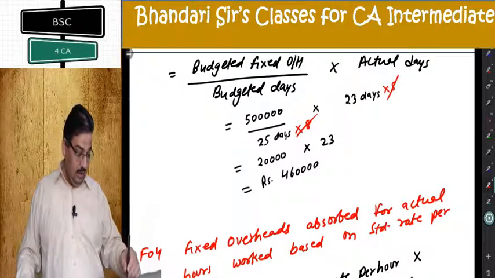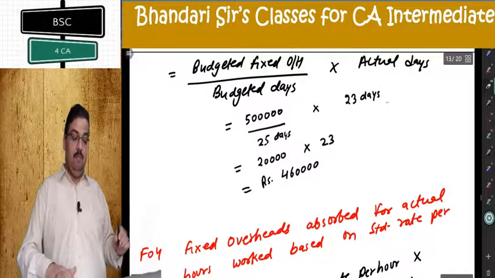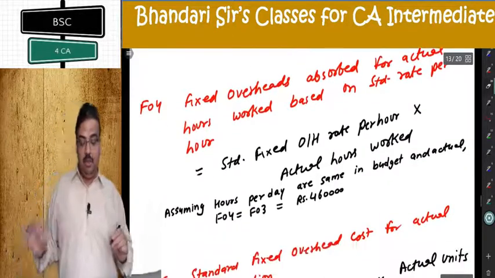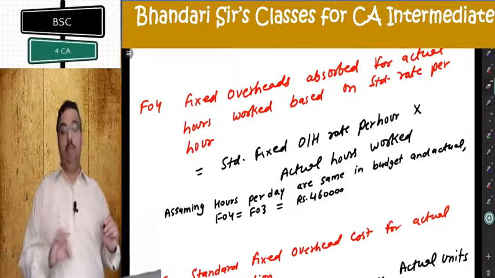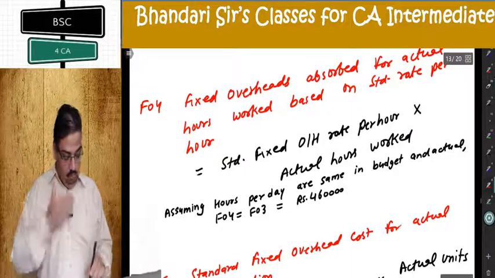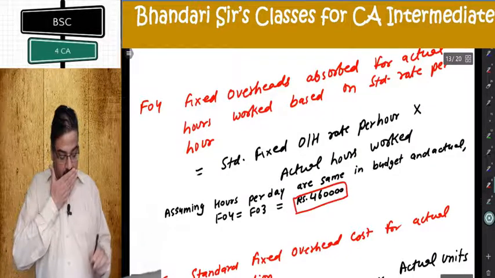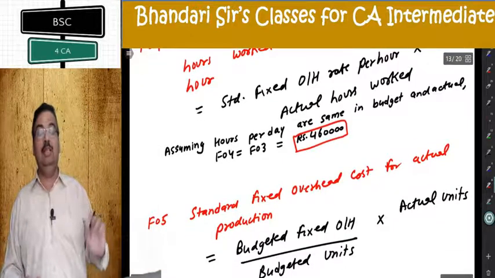So I'm just writing the assumption there appropriately. The assumption is per day hours budgeted and actual are assumed to be same. Hence FO4 equal FO3 equal 4,60,000. This is the figure I am getting, 4,60,000 again.